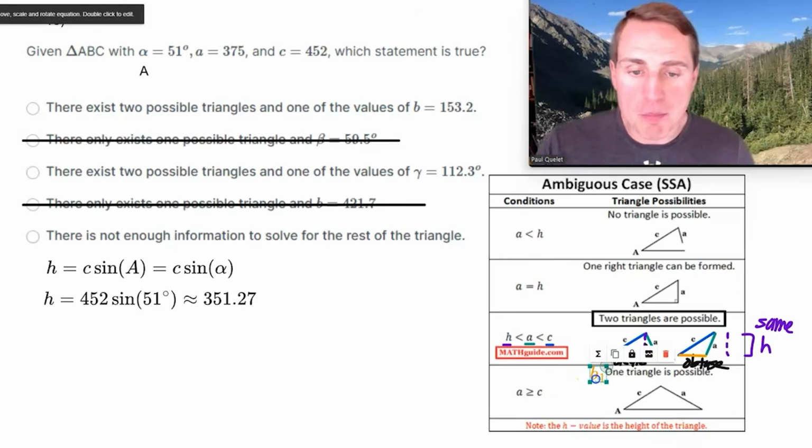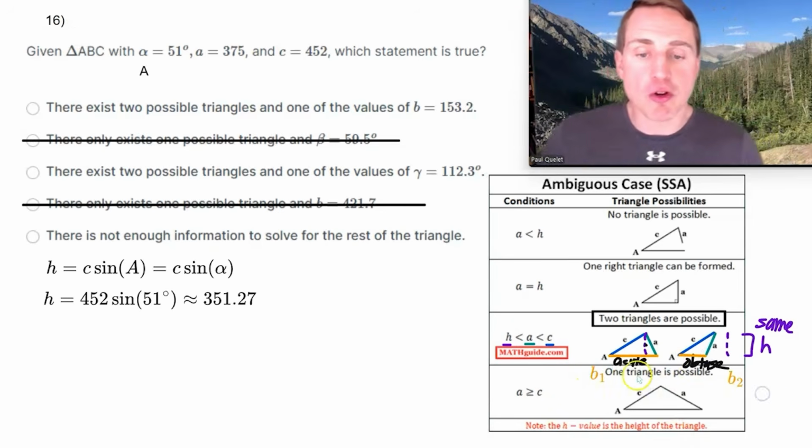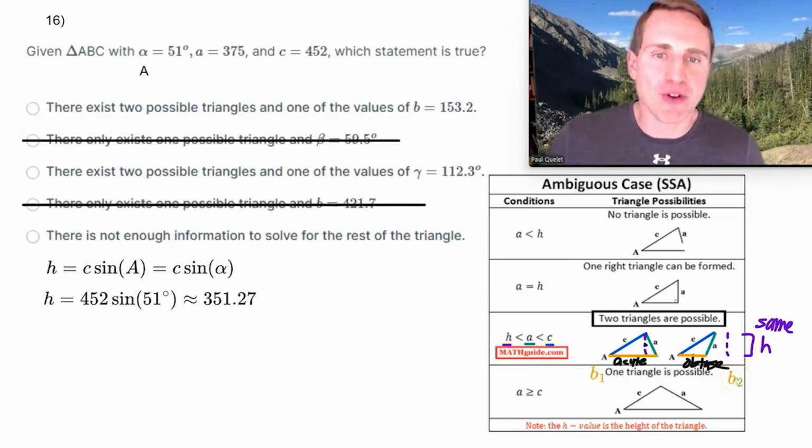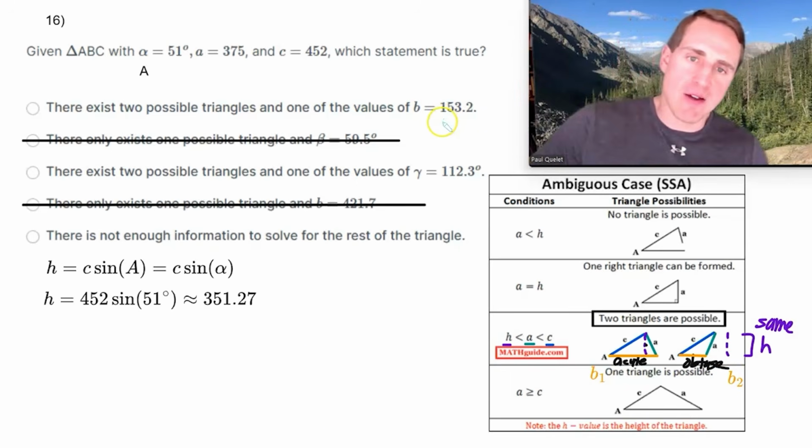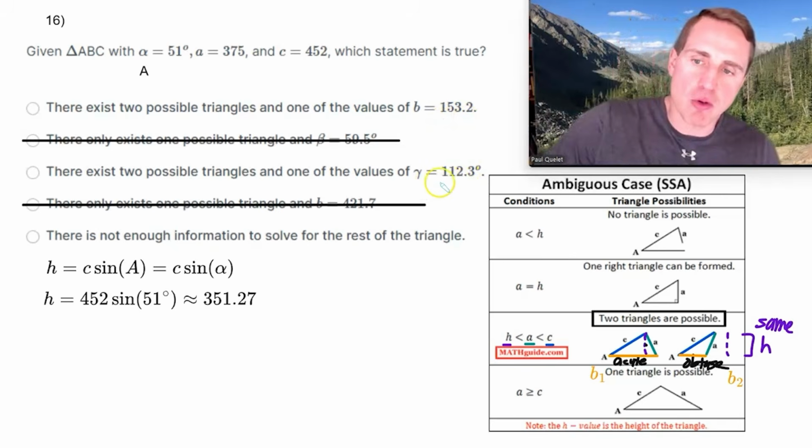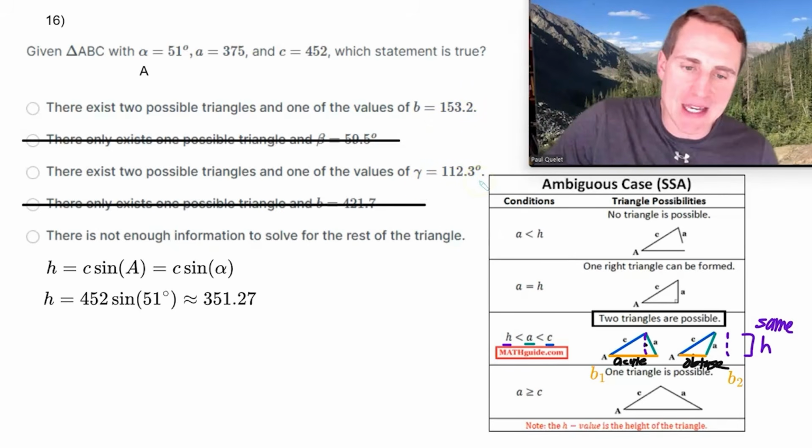It's going to have B1 and B2. Notice B1 and B2 are going to have different lengths. So we don't know yet what one of the values of B is, and we don't know if one of the values of C, the angle here, is this or this. Now notice, we're going to get two triangles. One of them is probably going to have an obtuse angle.